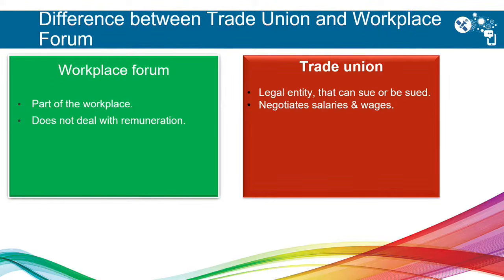Okay, for workplace forum, you can discuss things like your working conditions, but the trade union is in charge of these collective bargaining on salaries and wages. Workplace forum cannot organize a strike, whereas trade union can. Obviously, they need to go through the process of the Labour Relations Act.